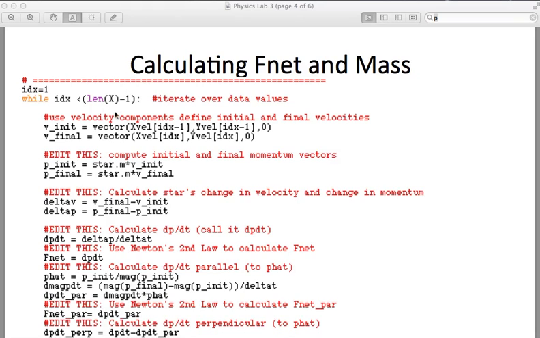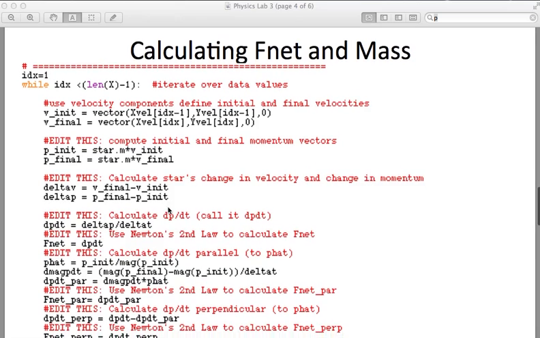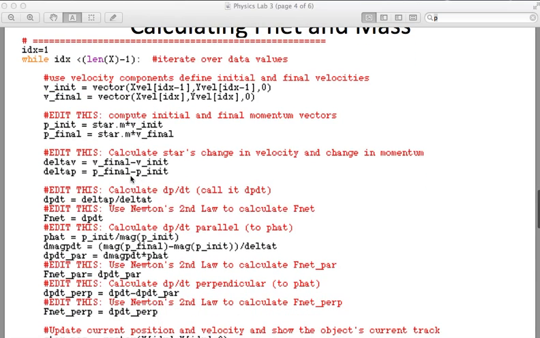The final and initial velocity were calculated for 3 consecutive points, and then were used to find the momentum in this line by multiplying by the star mass. And then the dp/dt was found for these two momentum values by finding the difference between the momentums and then dividing by delta t.